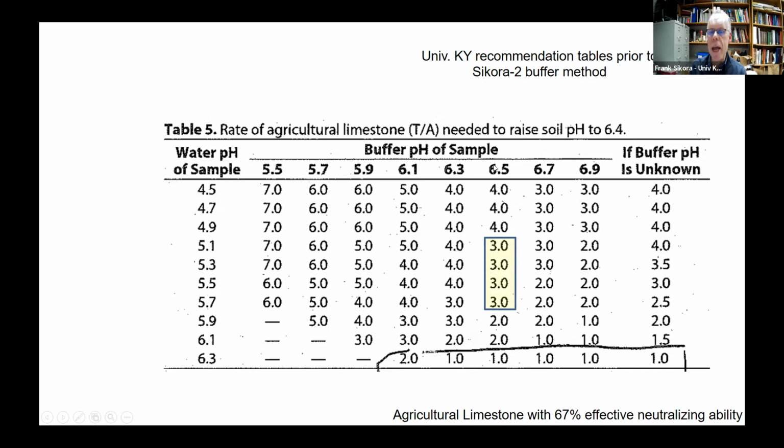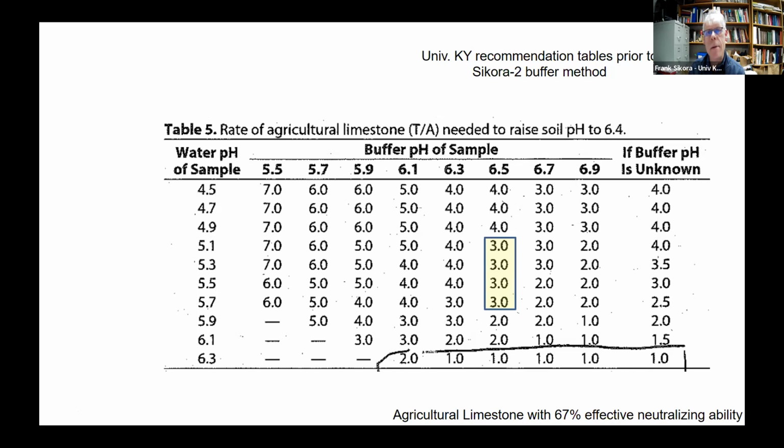If you had a buffer pH of 6.5 and you looked at just the previous recommendation table, looking at just buffer pH, you might have a recommendation of 3 tons per acre. But if you're starting off with a pH that is really low, it would make sense that you should apply more lime. And if your pH is higher with the same buffer pH of 6.5, you should have less lime being applied. So that made sense from an intuitive point of view.